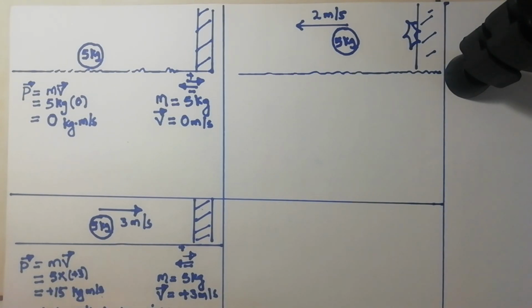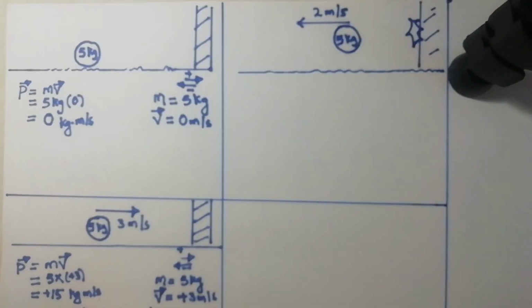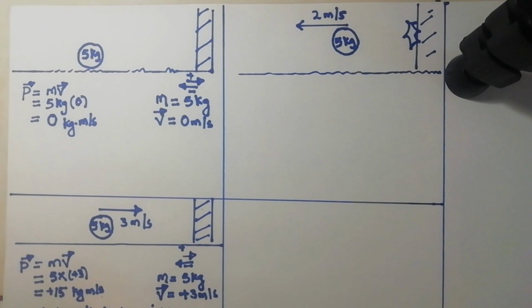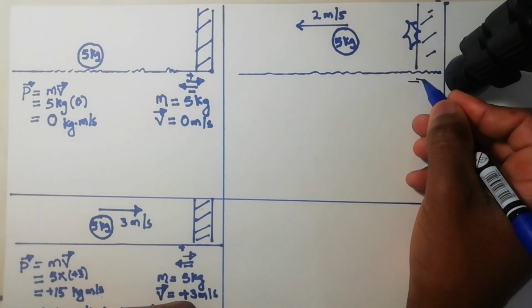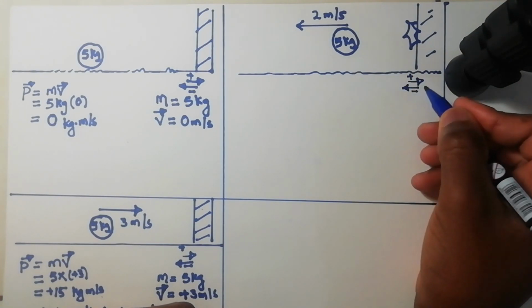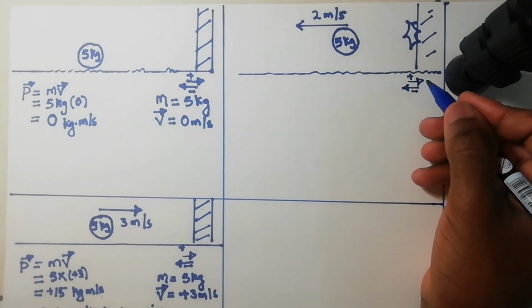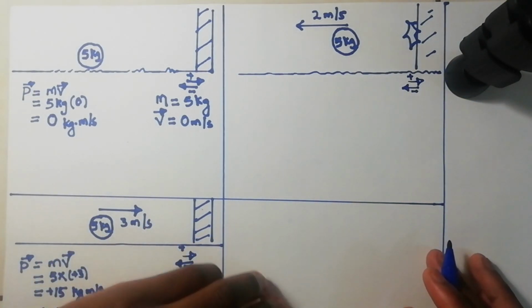Okay, along its way, this ball collided with the wall and it changed direction, as indicated here. Now we are expected to calculate its momentum. The first thing to do is to state the directions. To the right is positive direction and to the left is negative direction, or you can say the reverse.